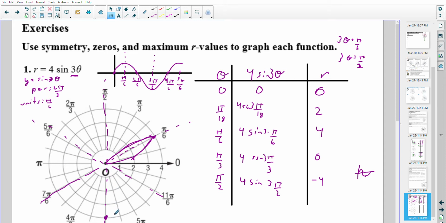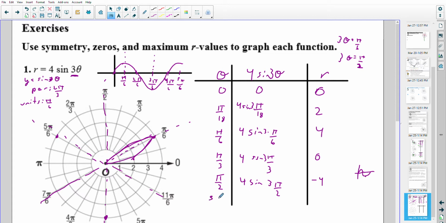So a couple things that I'm going to note is that I do have a reflection, and so this reflection, I bet at 5 pi over 6, this point is going to be at 4 as well. I'm assuming that this point right there is going to be a point because it's going to reflect over that axis.